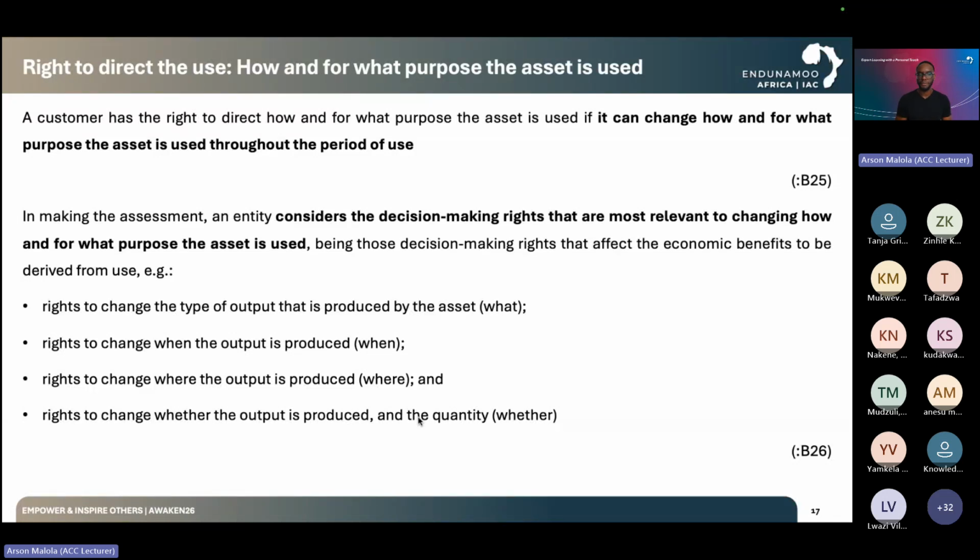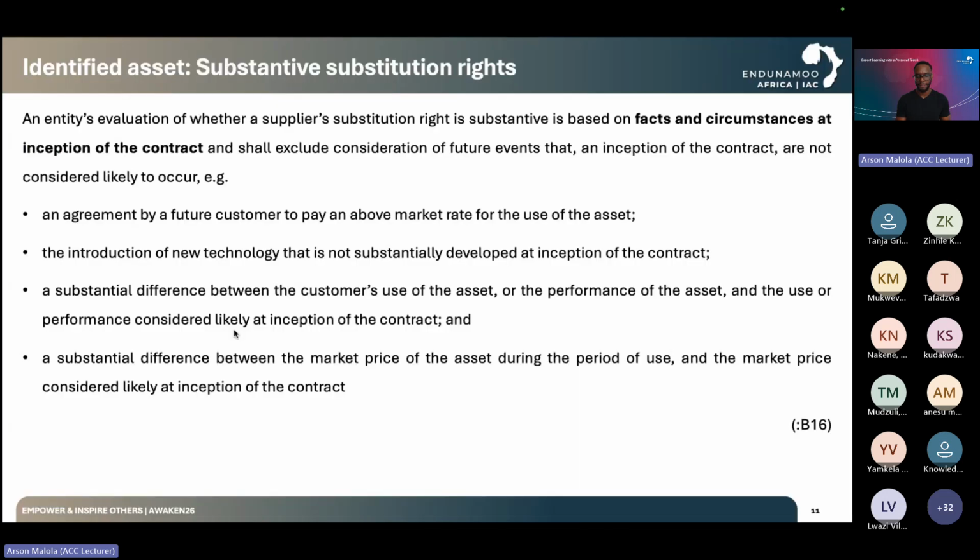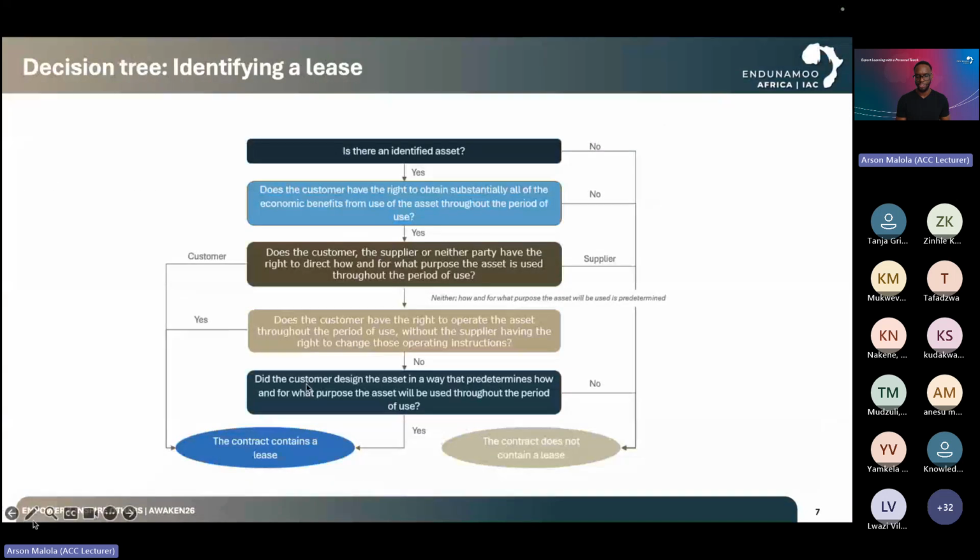If it's inconclusive, if nobody actually directs the use, then you consider 2 more questions regarding who operates the asset or who designed the asset. So it's a little bit of a webby decision tree, but it's all covered in this particular decision tree to let you know how all those decisions interact with one another, in terms of how this decision tree flows.